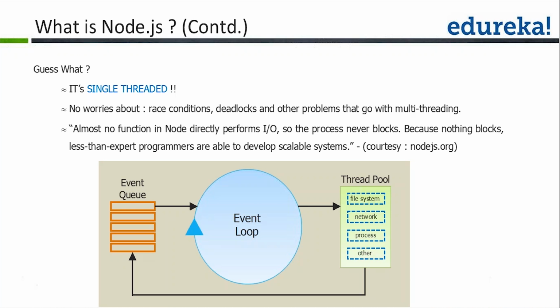Once you pass all these events to the event loop, each and every event has its own callback method. Then this particular function is passed to your Node.js thread pool. All the events will be processed in parallel, then it will give the result.